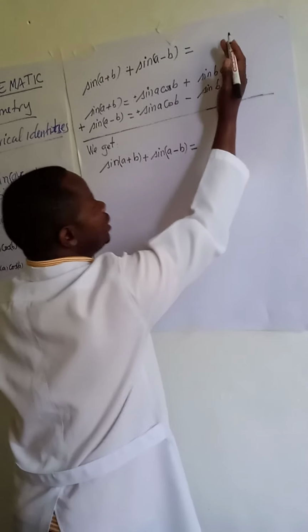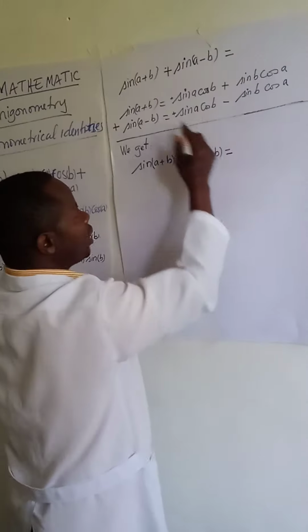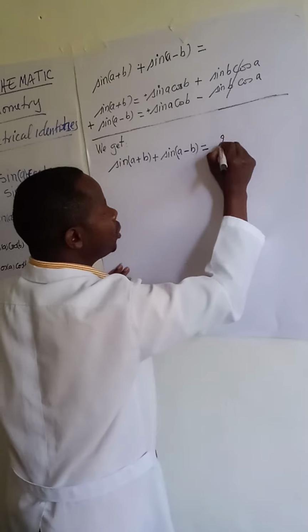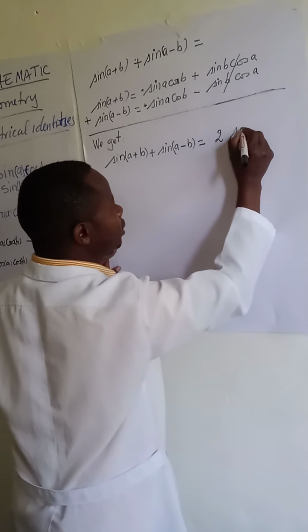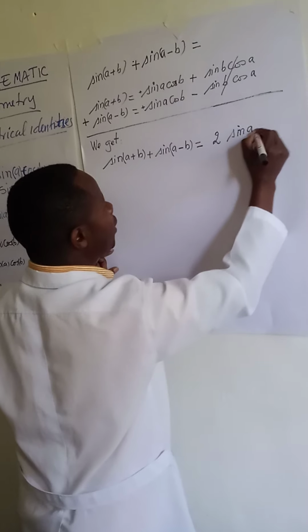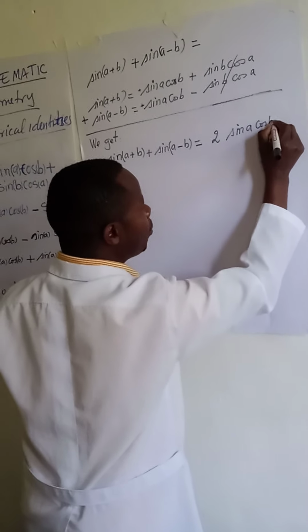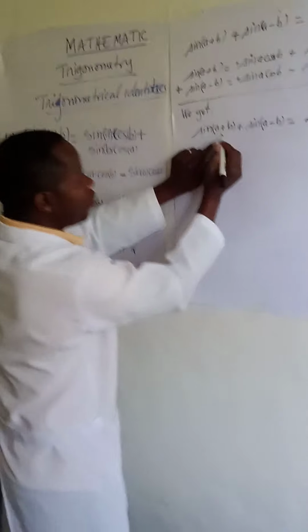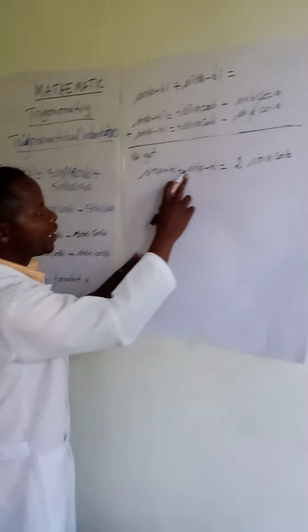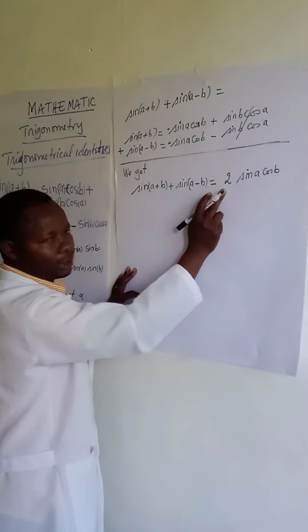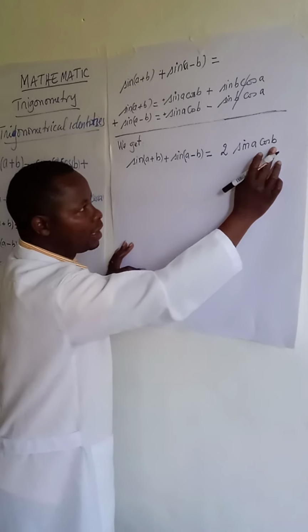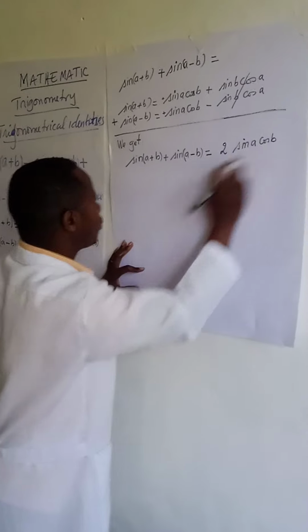We add them, and the other terms have a difference of sign. Therefore, this one will be 0, and we remain with 2 sine of angle A cosine of angle B. Therefore, the sum of sines, sine of A plus B and sine of A negative B, is twice the sine of the first angle and cosine of the second angle.